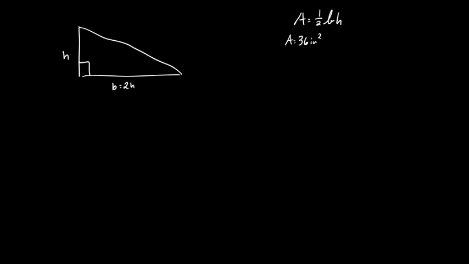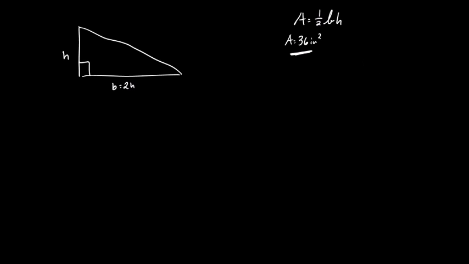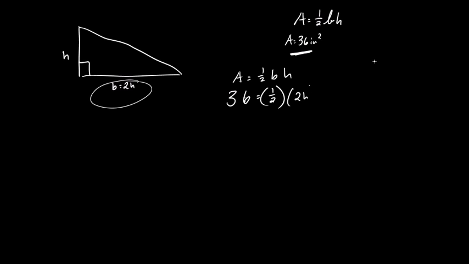Well, if I plug this information in right here, I'm still left with a b and an h. So I'm going to need to substitute 2h in for the base, since it said that the base was 2 times the height. So A equals 1/2 base times height. 36 equals 1/2 times the base, which is 2h, and my height, which is h.